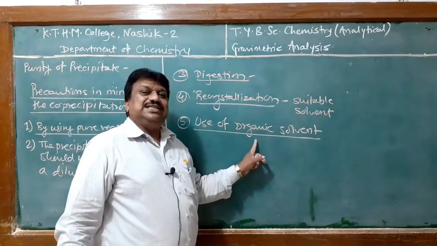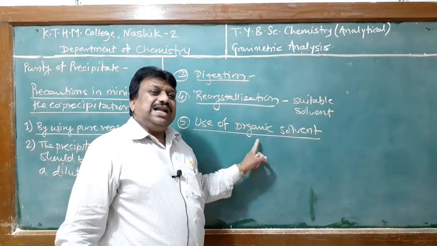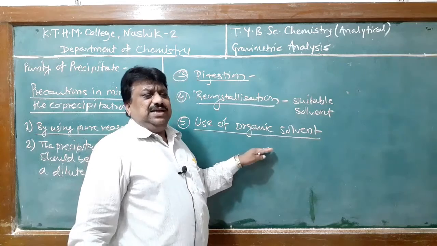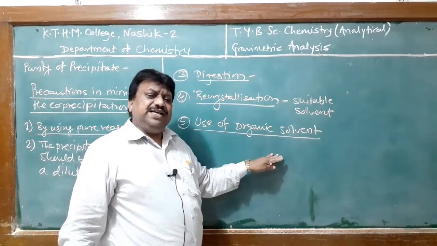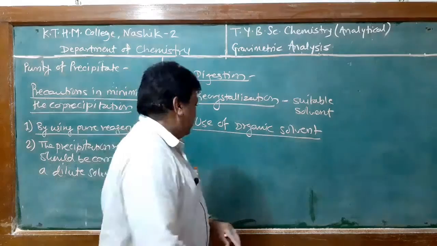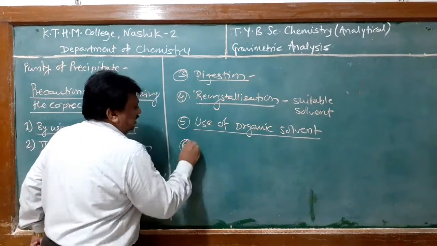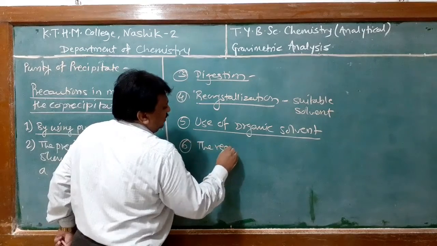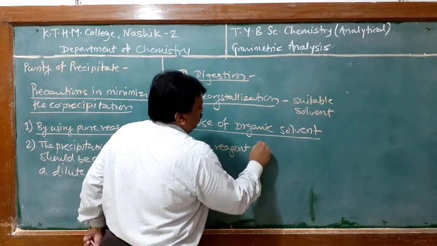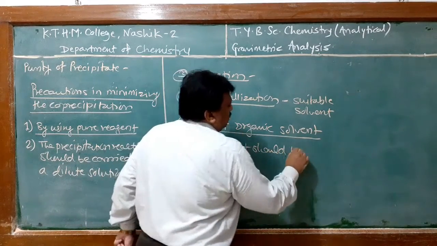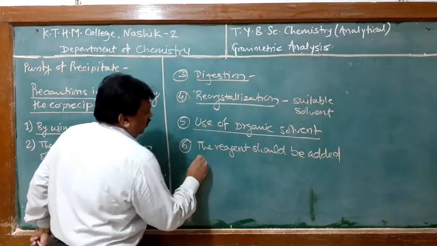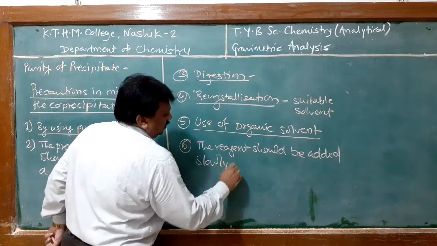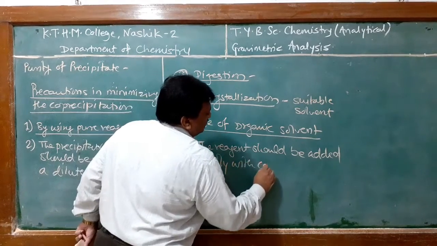Therefore the chances of co-precipitation decrease to a greater extent if we use the combination of aqueous and organic phase for formation of precipitate. And number 6, the reagent should be added slowly with constant stirring.